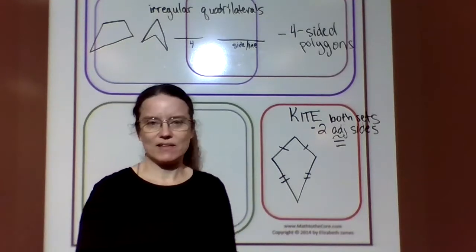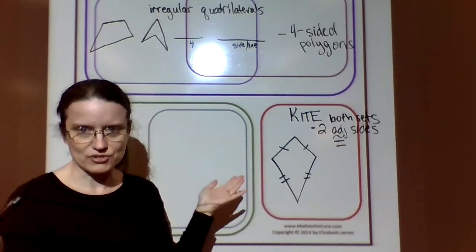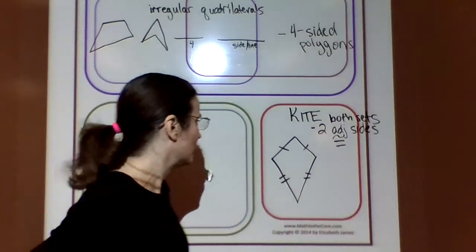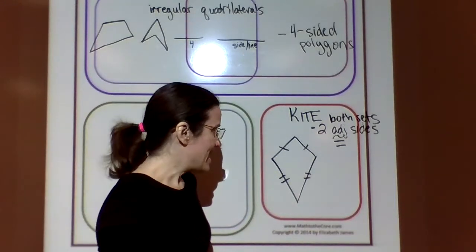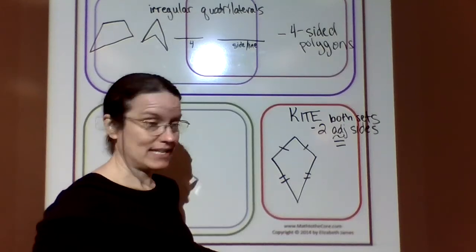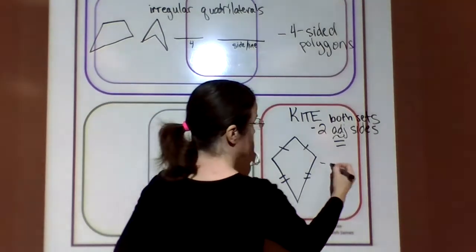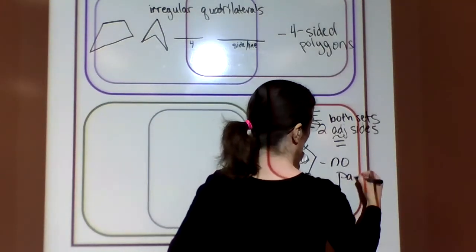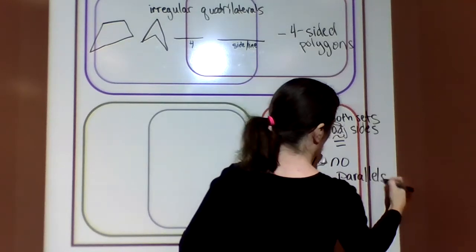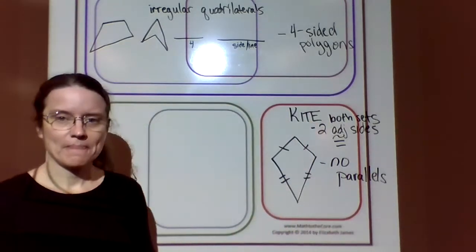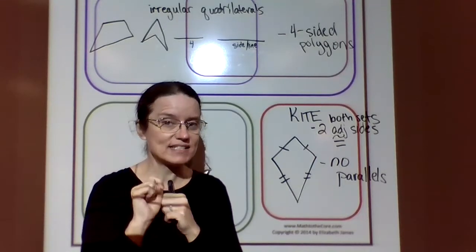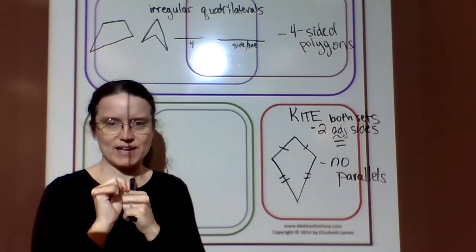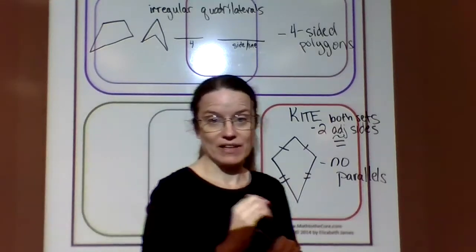You flew it up in the sky, unless you bought the crappy ones from the dollar store and they were just shaped like a triangle. Okay, so this is a kite. All right, it has no parallels in it. So, kite. Two sets of congruent adjacent sides, but no sides are parallel to each other.